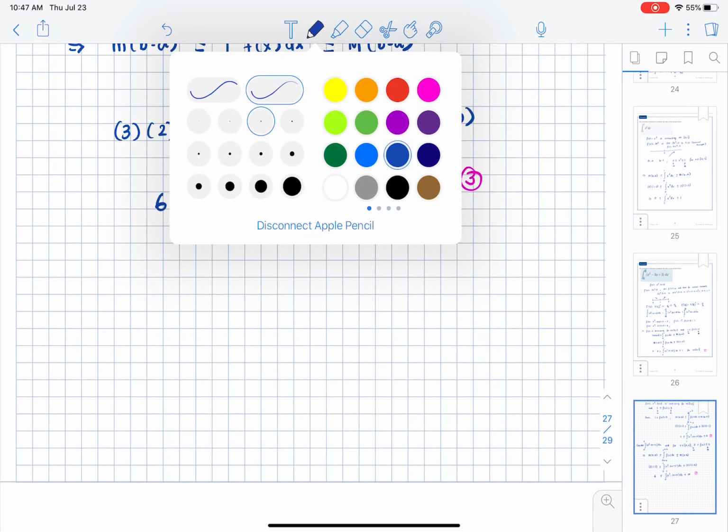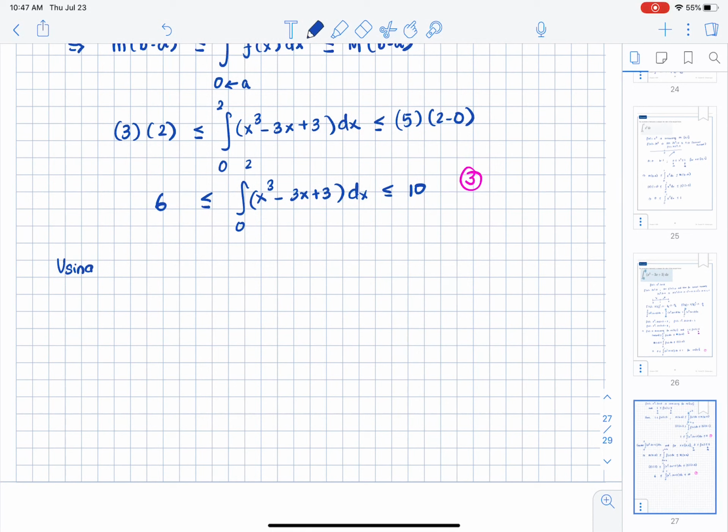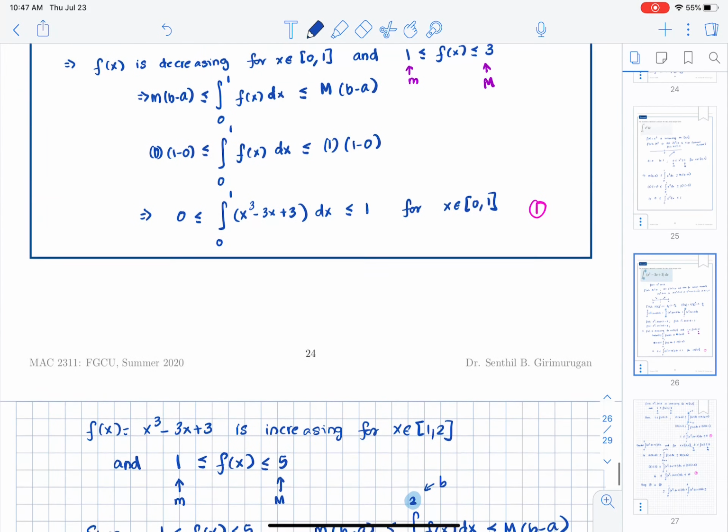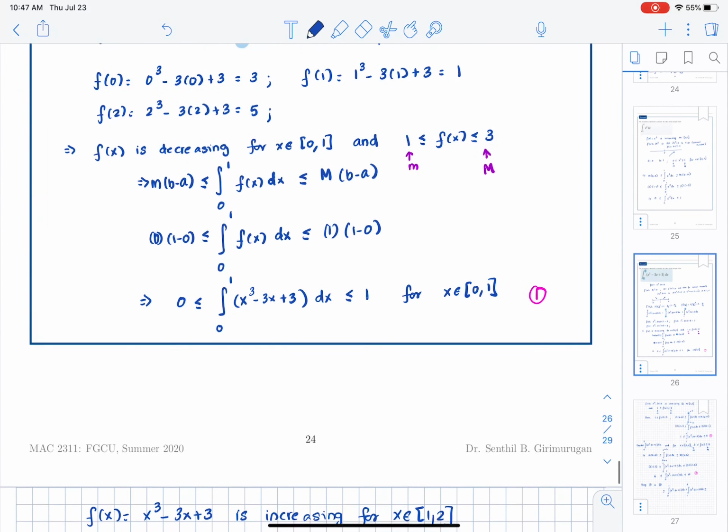Using 1 and 2, we can conclude the integral from 0 to 1 of x cubed minus 3x plus 3 dx plus the integral from 1 to 2 of x cubed minus 3x plus 3 dx must lie between, add the inequalities.